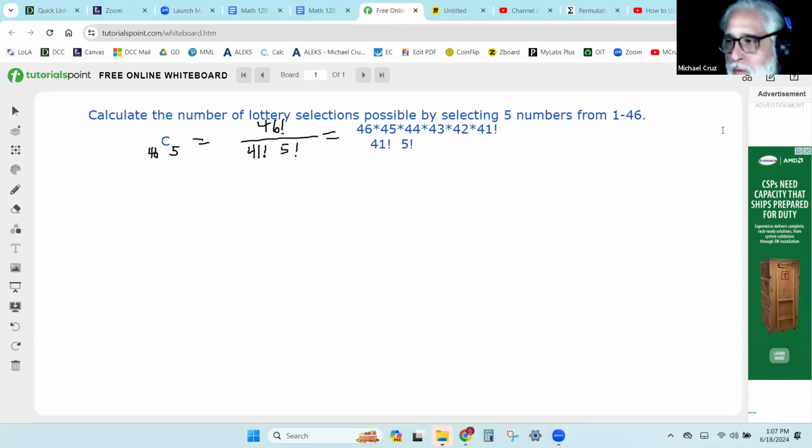So what's going to happen is the 41 factorials will be gone. Let me put a fraction line underneath there.